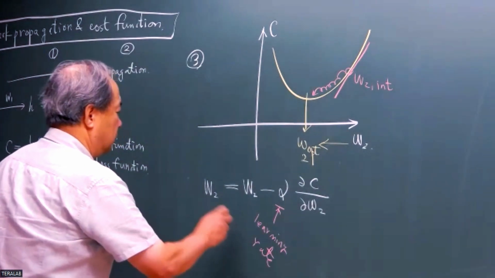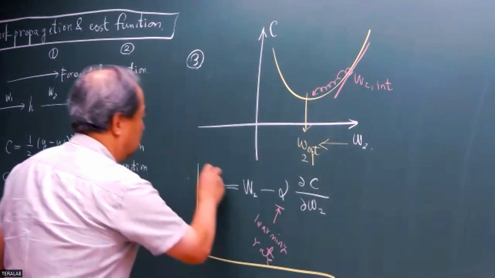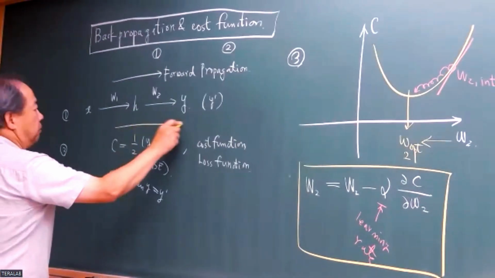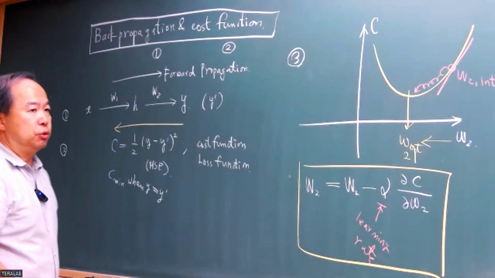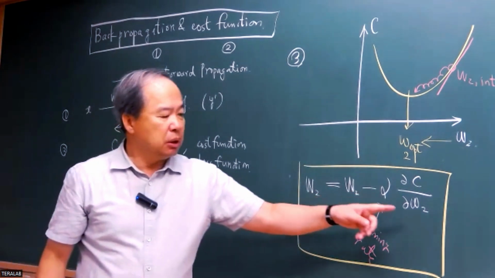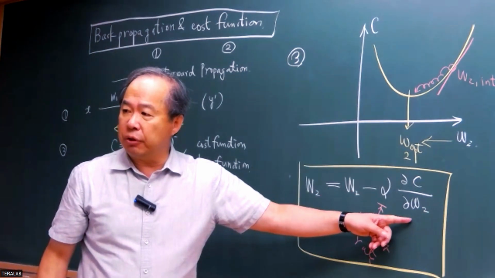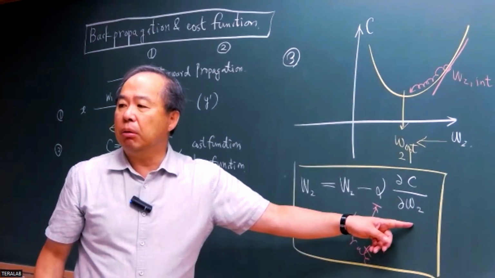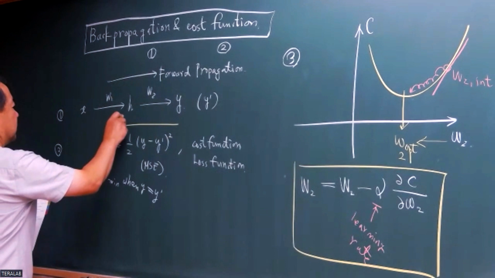So this is the backpropagation equation. The process to update W2 depending on the slope of the cost function with respect to W2 is called backpropagation.